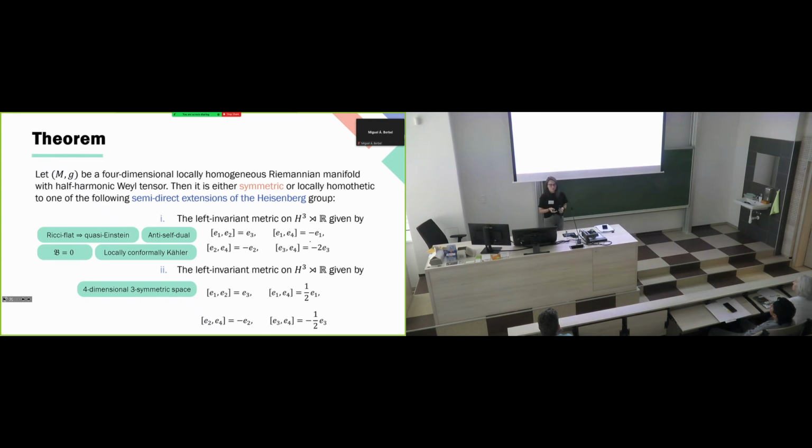And I say the four-dimensional three-symmetric space because Kowalski proved that there is only one four-dimensional three-symmetric space and gave an expression for it both in coordinates and as a homogeneous space.